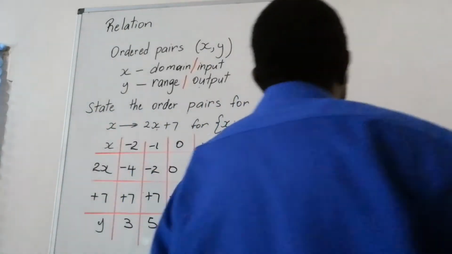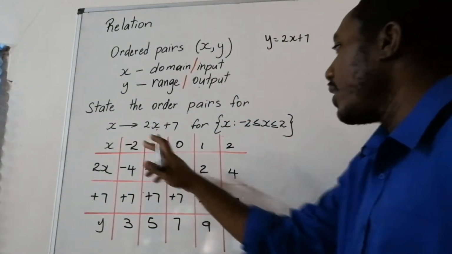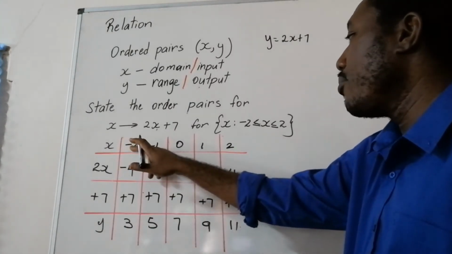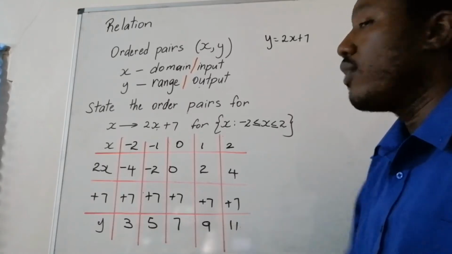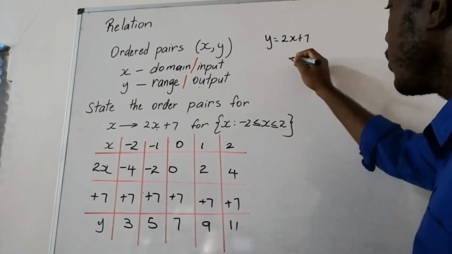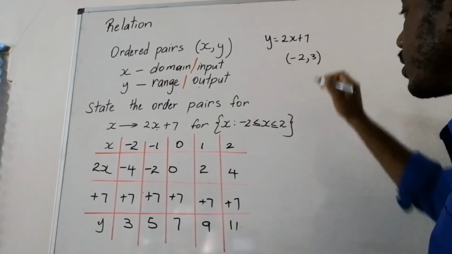So if we have to write the ordered pairs, we'll take our x value, which is our input value, and our y value, which is our output value. So the first ordered pair would be -2, 3.